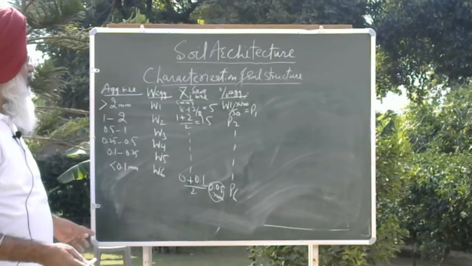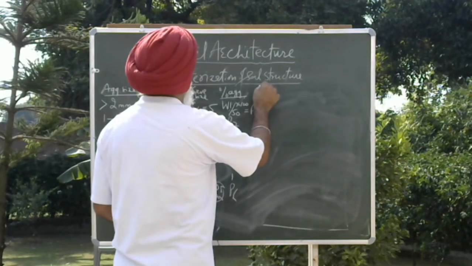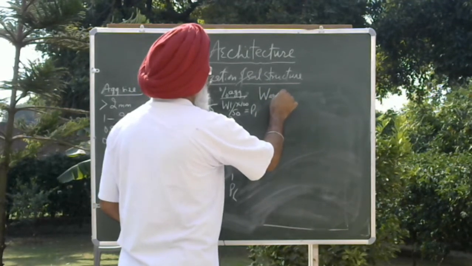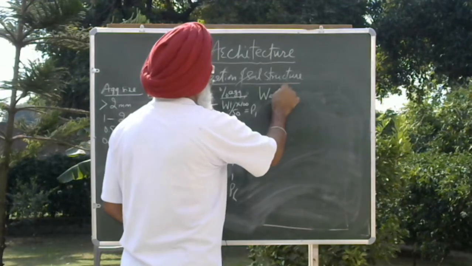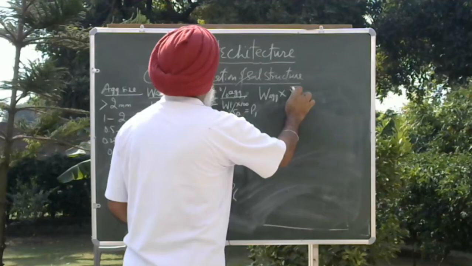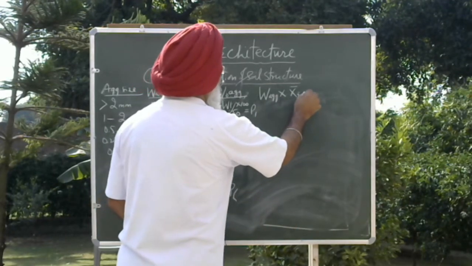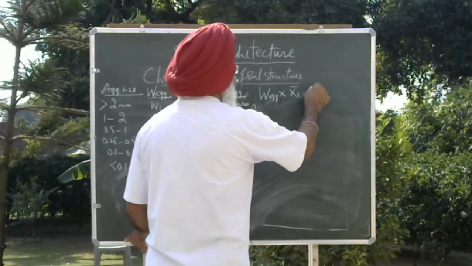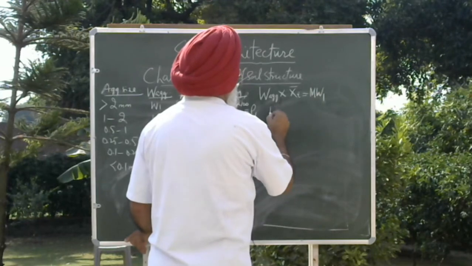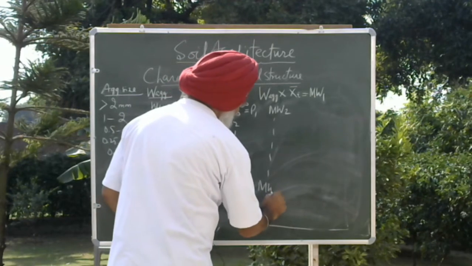Now, for going to one value, what we do is that we take weight of aggregates multiplied by the mean sieve size. So, let it be MW1, MW2 and ultimately MW6.